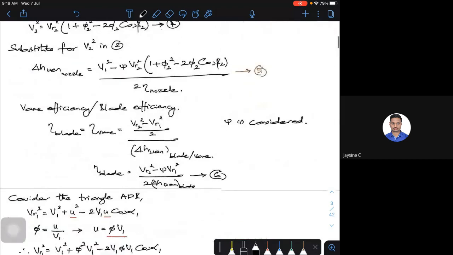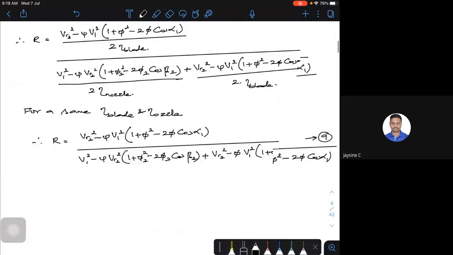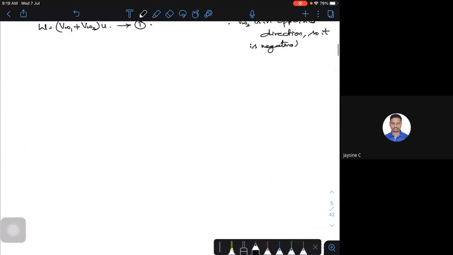So from the velocity triangles, I can write cos alpha 1 is equal to VW1 by V1, or I can write VW1 is equal to V1 cos alpha 1.